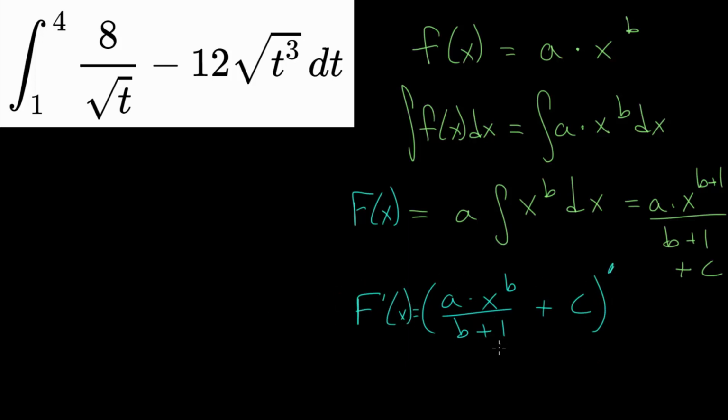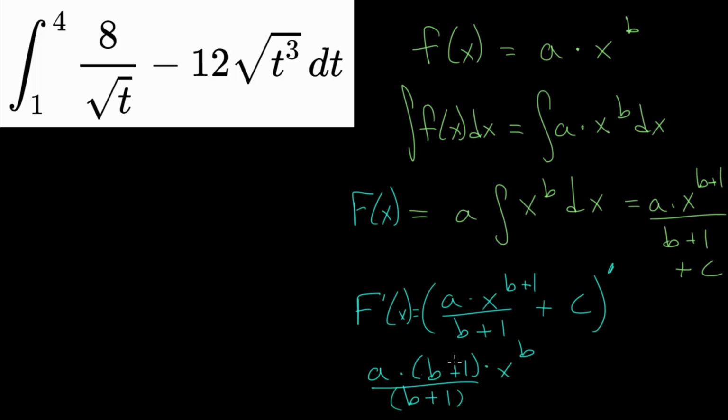When we take its derivative, we do also have this plus 1 in the exponent. We bring the exponent down, so we have a multiplied by b plus 1. We still have the b plus 1 in our denominator. Then we decrease the exponent on our variable term by 1, so now it's just x to the b.